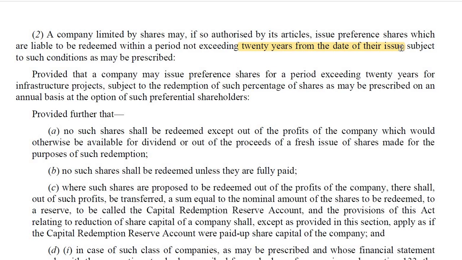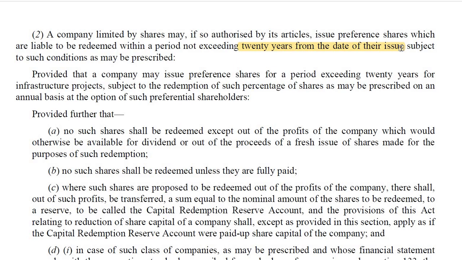provided that a company may issue preference shares for a period exceeding 20 years for infrastructure projects, subject to the redemption of such percentage of shares as may be prescribed on an annual basis at the option of such preferential shareholders.